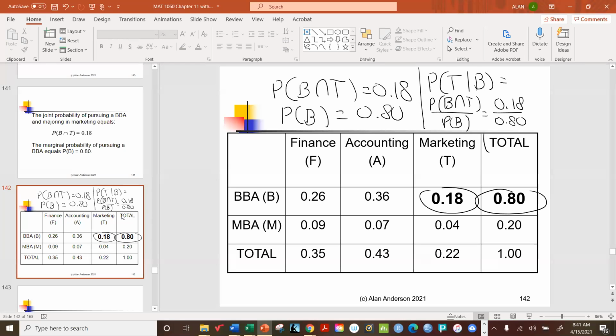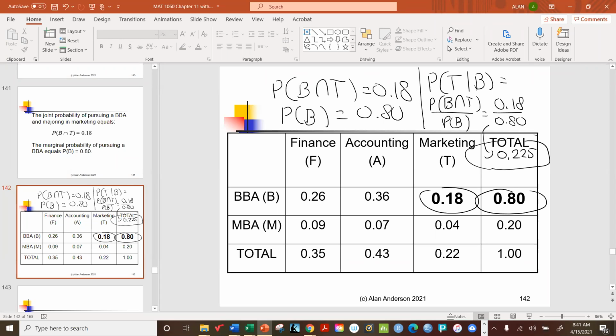Okay, I'm running out of space here. I'll put it right here. Okay, so in other words, once we know that this is definitely a bachelor's degree student, the probability that he or she is majoring in marketing is 22.5%.